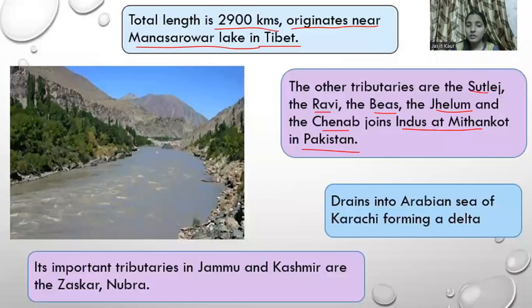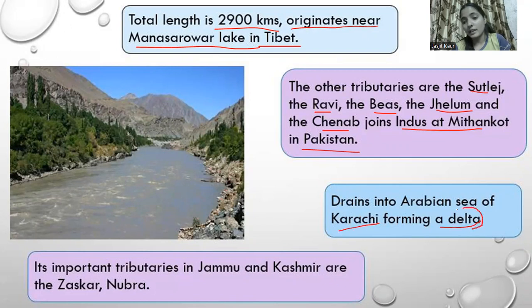Another feature of this river is that it drains into the Arabian Sea at Karachi, forming a delta. At the mouth of the river, they form the delta.